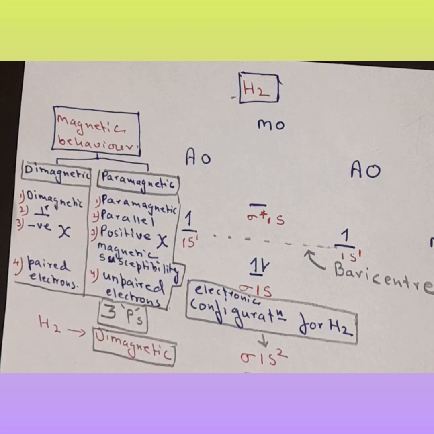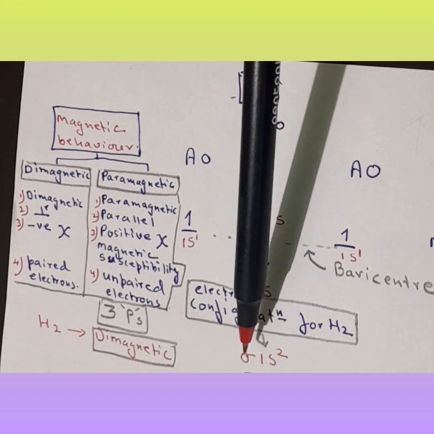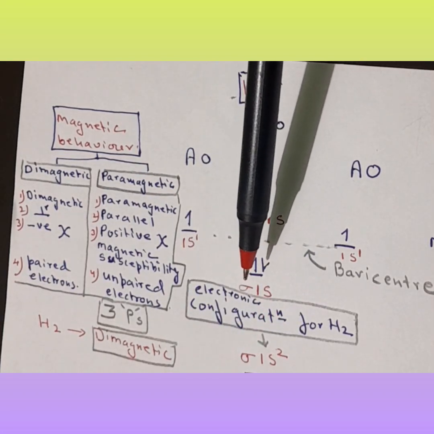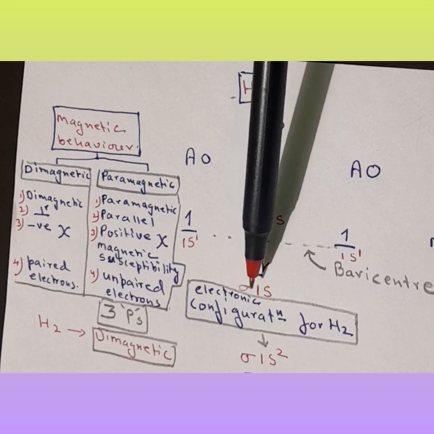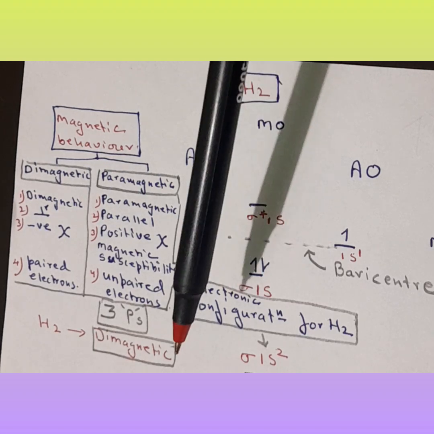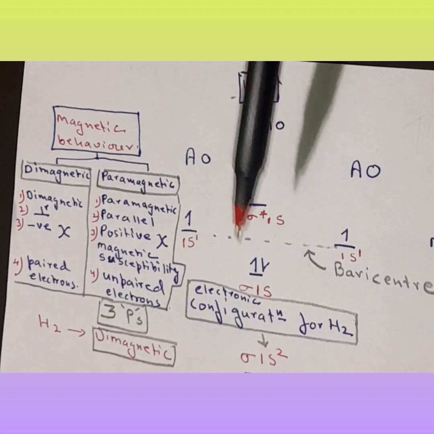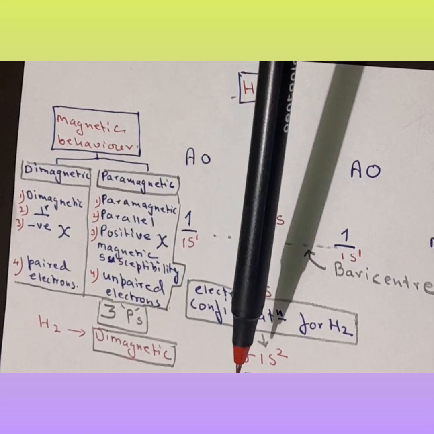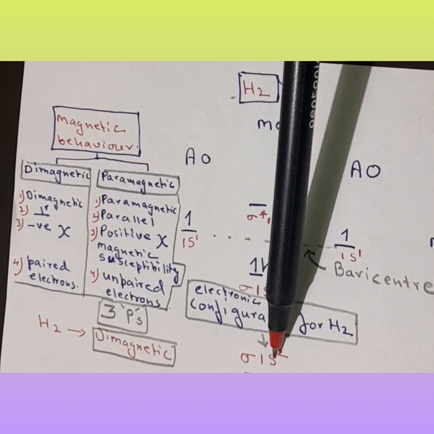All right. So this is what molecular orbital theory talks about. Then we also have configuration. In this case, since there's a pair of electrons in the sigma 1s molecular orbital, the configuration would be sigma 1s2.